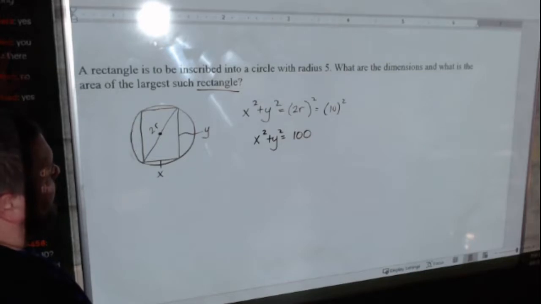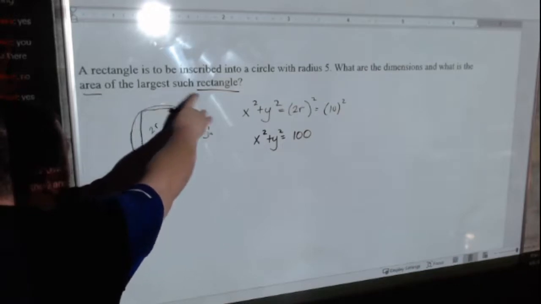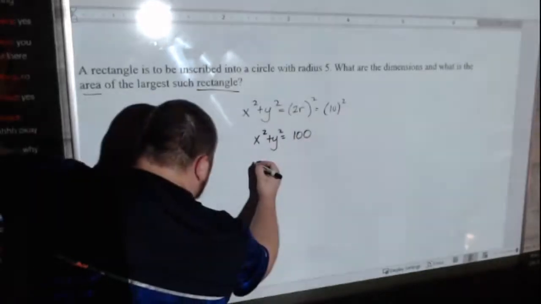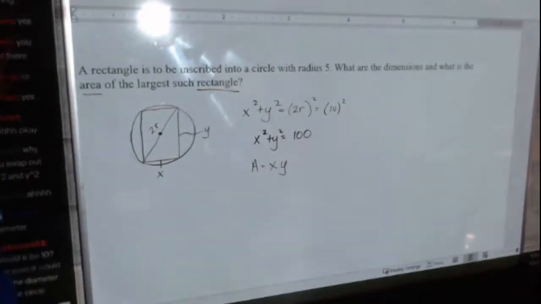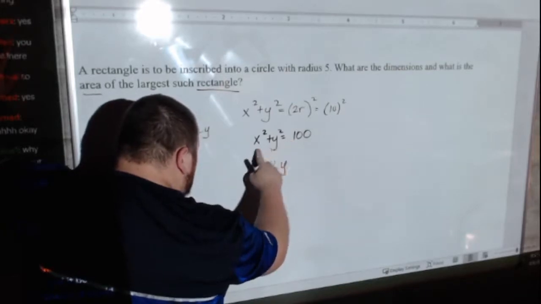All right. And they say, what is the area of the largest rectangle? So I need my area of the rectangle, which is x times y, and that is the thing that I am trying to maximize. So I need to take this equation and solve for one of these two.